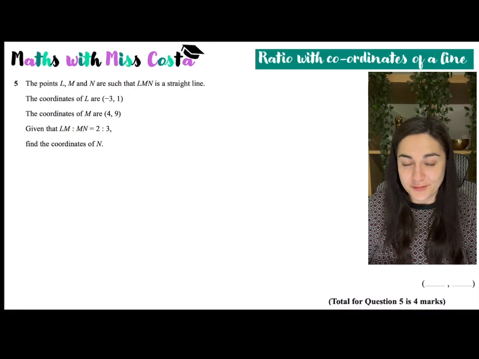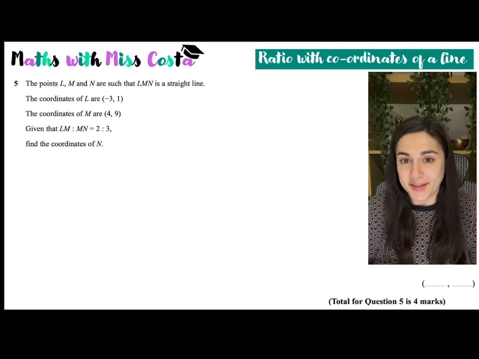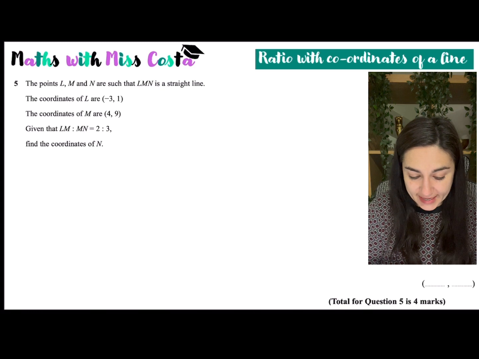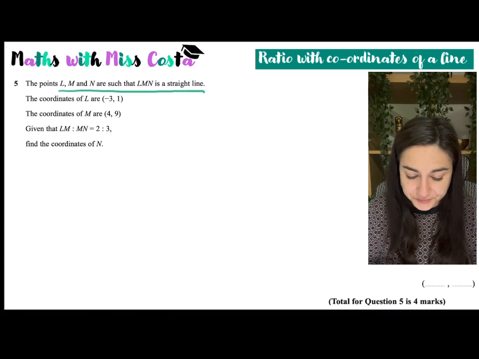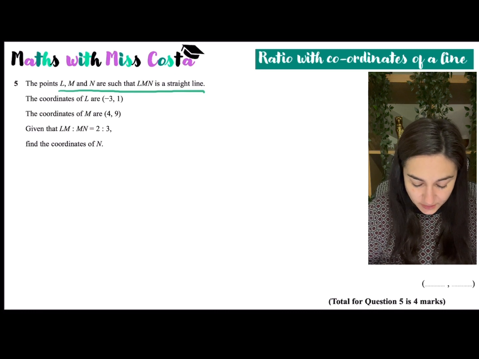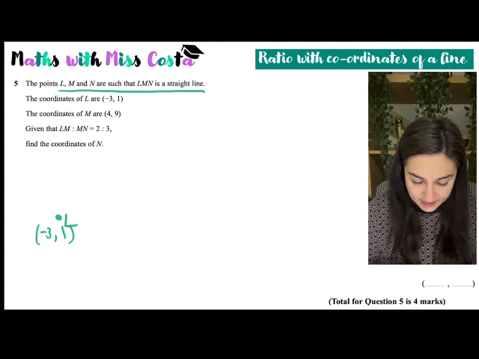Question 5 is working with a straight line and coordinates. The points L, M and N are such that LMN is a straight line. The coordinates of L are (-3, 1), and the coordinates of M are (4, 9).